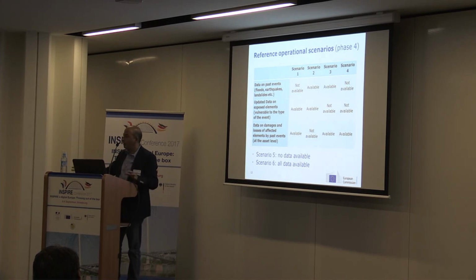These are three different datasets, generally produced, maintained, and collected by not necessarily the same organization, so the burden can be there. Accordingly, 4 different scenarios have been identified, based on the availability or non-availability of these 3 categories of data.